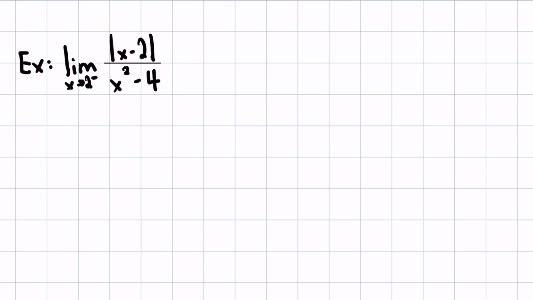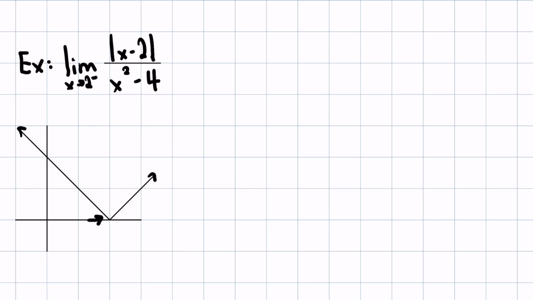So if you look at the graph of this function, it's going to look something like this. Right? So here we are approaching 2 from the left-hand side. And so we need to think about whether the absolute value of x minus 2 here is going to be turned negative or turned positive. And then from there, we're just applying limit laws.